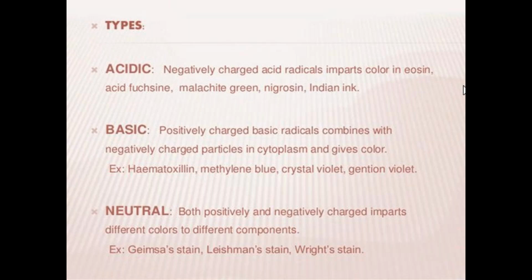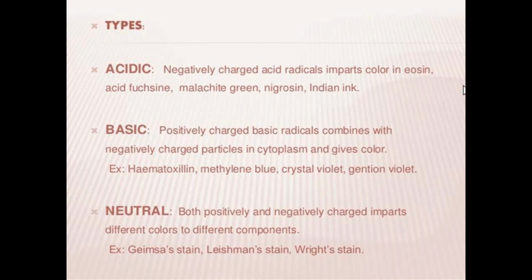That means the negatively charged ones give the colors when staining the basic components in the cytoplasm, and they are called acidic dyes.